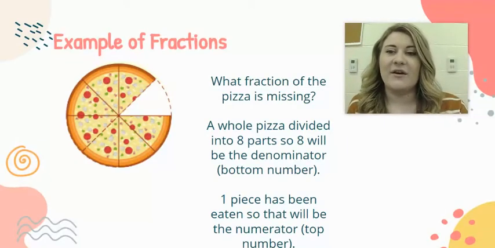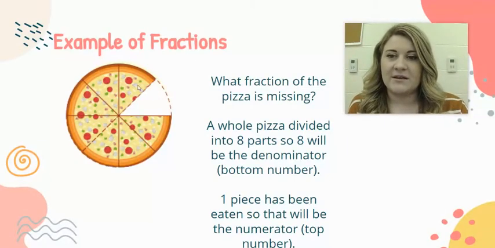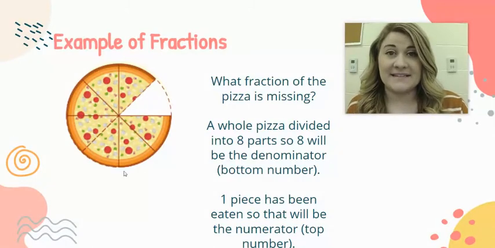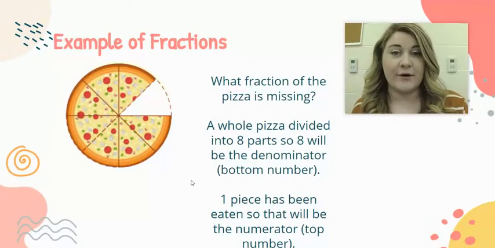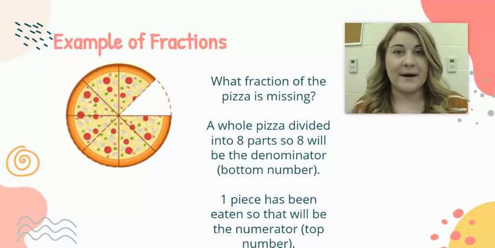As you can see, we cut this pizza into 1, 2, 3, 4, 5, 6, 7, 8 pieces. We even count the missing piece, okay? Because I want to know the total. That means all the pieces there and the one that's missing. So we are cut into 8 pieces. So that means that there are 8 total pieces. That's going to be the bottom number.